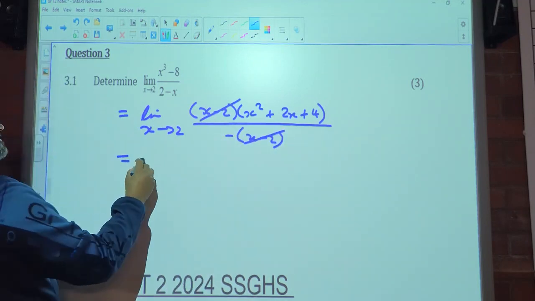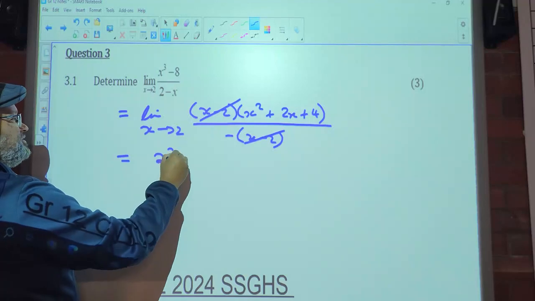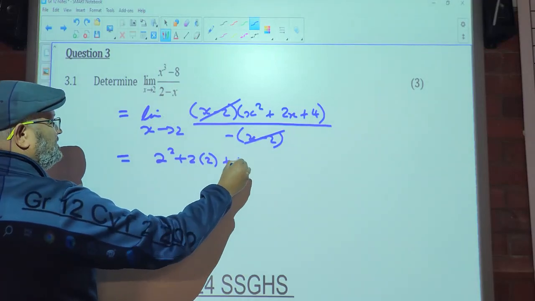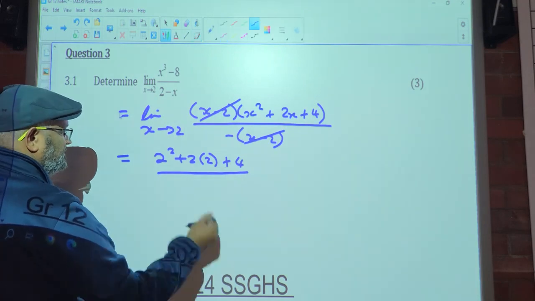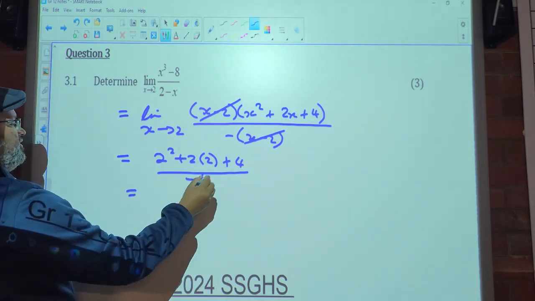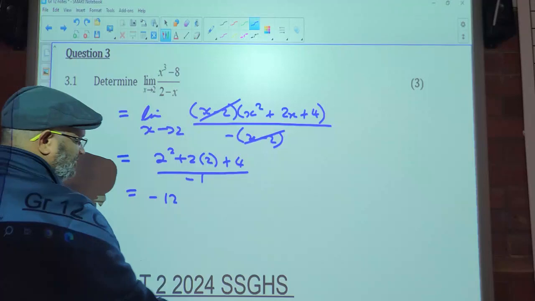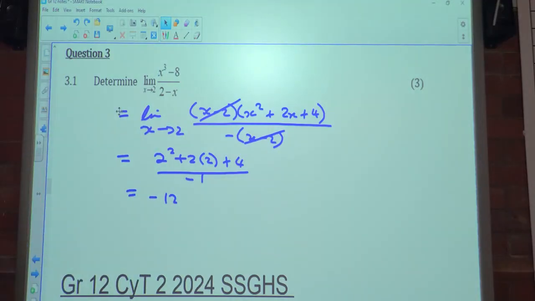So that can cancel. It now gives you, if I put in 2, so it's 2 squared plus 2 times 2 plus 4 over negative 1, so that gives me 4, 8, 12, so it's negative 12. Okay? Go with the next question.